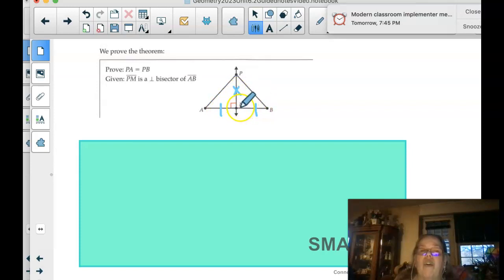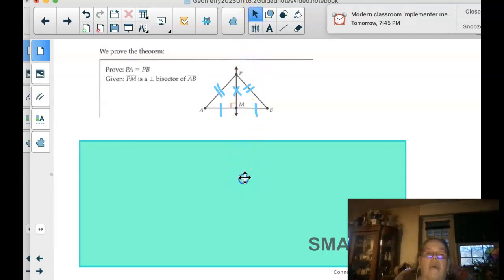Once I know that the triangles are congruent, every other matching part of each triangle is also congruent. So we just basically proved that PA is equal to PB using corresponding parts of congruent triangles are congruent.